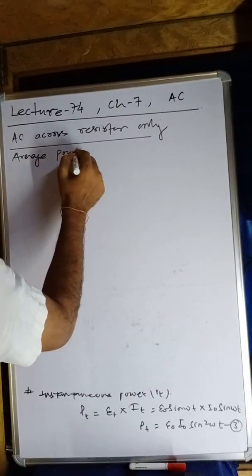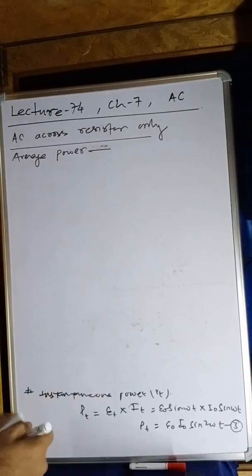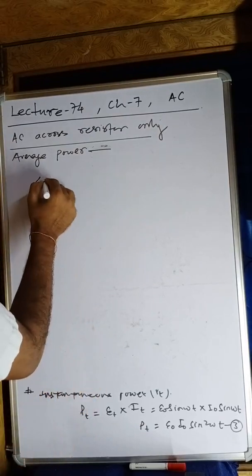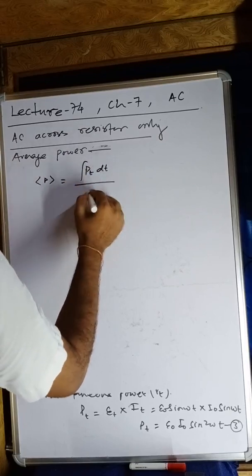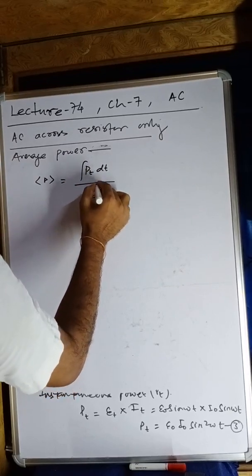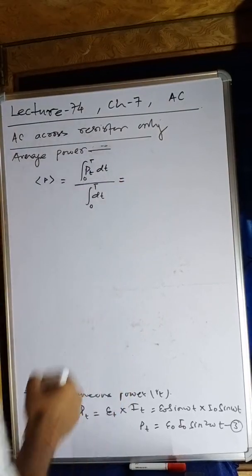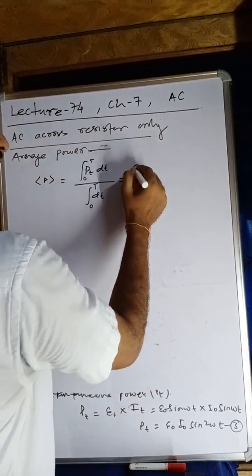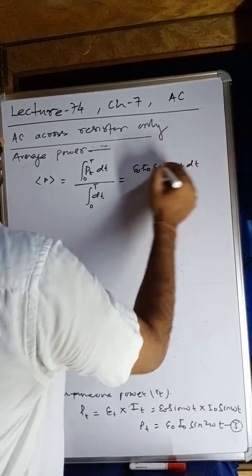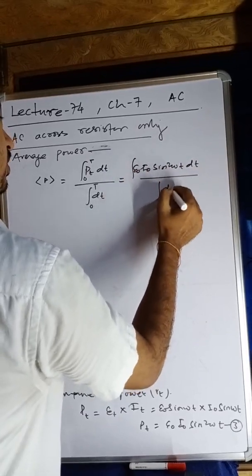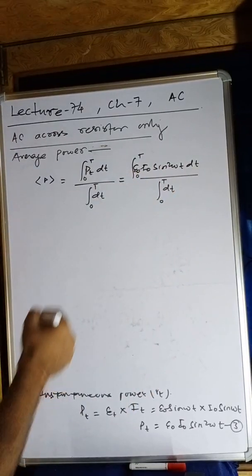Average power. This average power can be written as the integral of P(t) dt over T for a full cycle. You can write it this way. Now P(t) is E naught I naught sine square omega t, so it is the integral from 0 to T of E naught I naught sine square omega t dt, divided by T. I hope you understand.